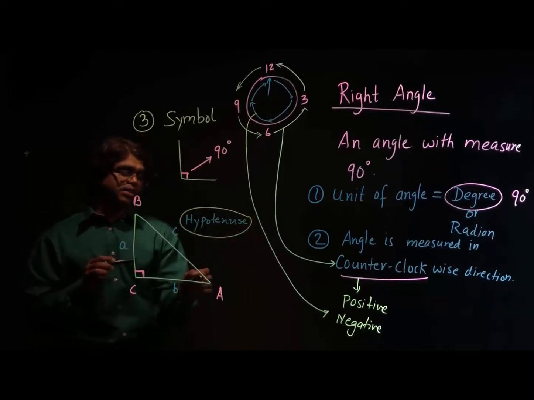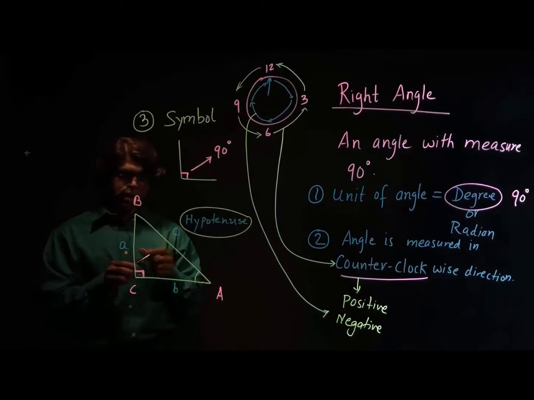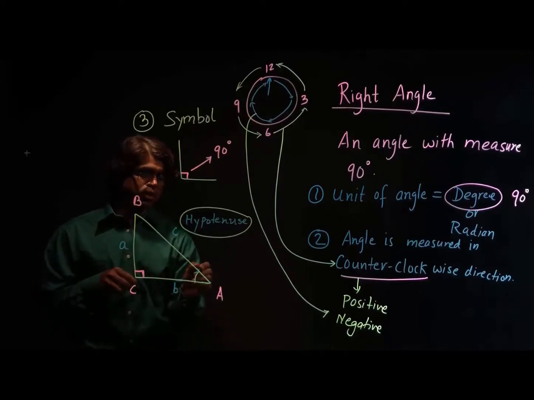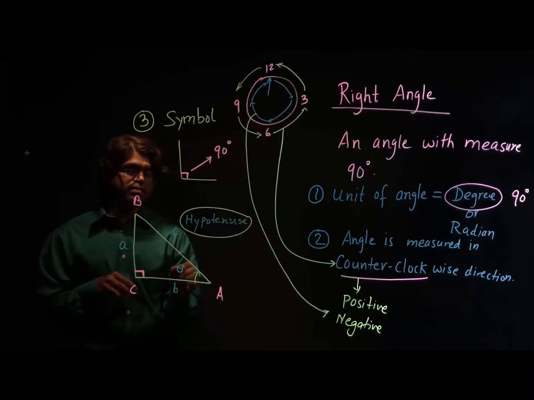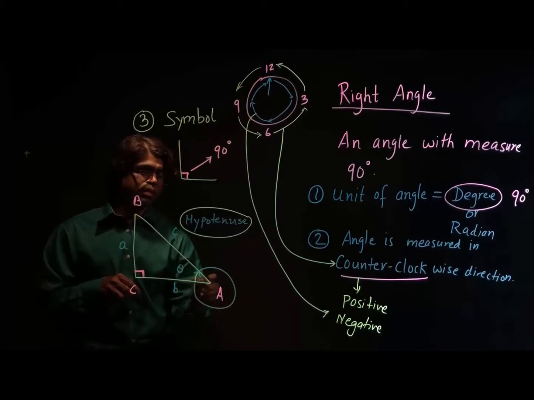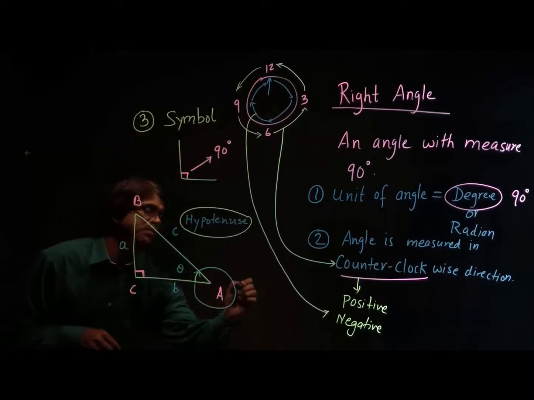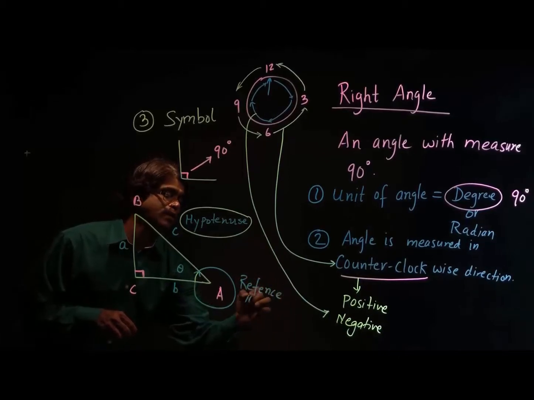If I consider angle A, I'm going to use a symbol, which is known as theta. If I consider my angle A, then this angle will be known as my reference angle.